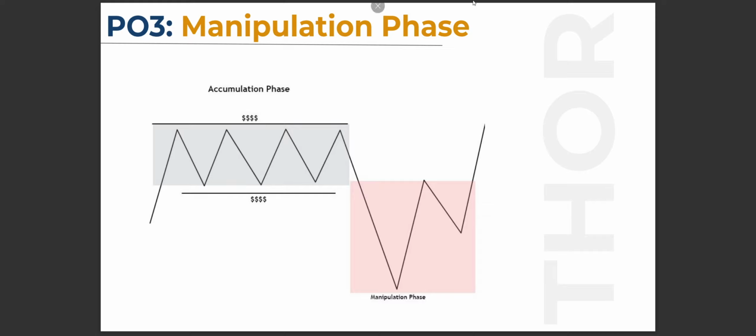So the manipulation phase, for the figure, as you can see here, it's range-bound for a while. The price is range-bound, generating liquidity, buy side liquidity, sell side liquidity. Let's say in this case we have an old high. Let's say all time highs is the drawn liquidity. So before the market moves in that direction, just because it consolidated before, it will basically seek the liquidity of both sides of this accumulation.